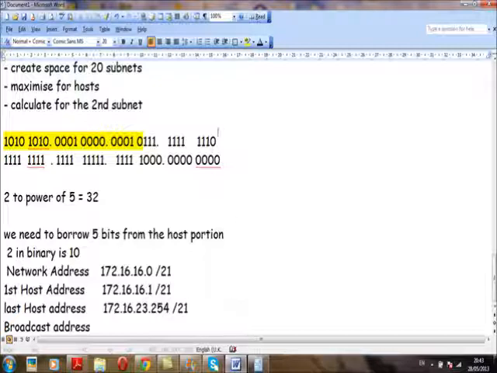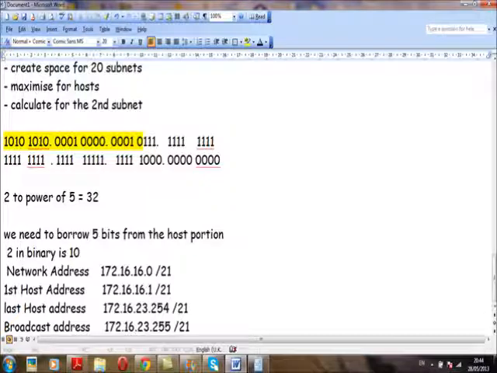Now the last one is the broadcast address, which I can't use. So I have to set everything to 1. 172.16.23.255 /21. So that's my broadcast address.